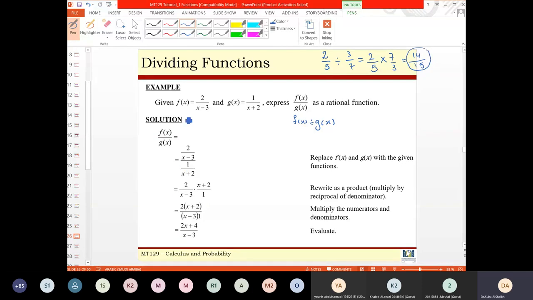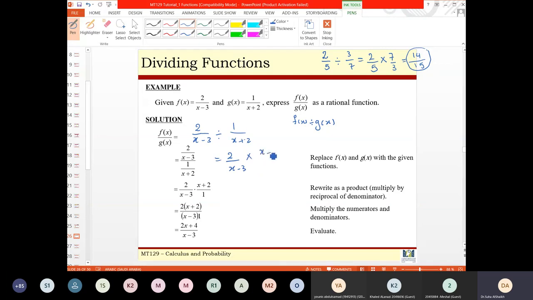The same thing we can do here. Okay? They want me to divide the two functions. The first function is 2 over x minus 3, divided by the second function, which is 1 over x plus 2, according to the rule. The first one stays as it is, division becomes multiplication, and the second one is flipped.